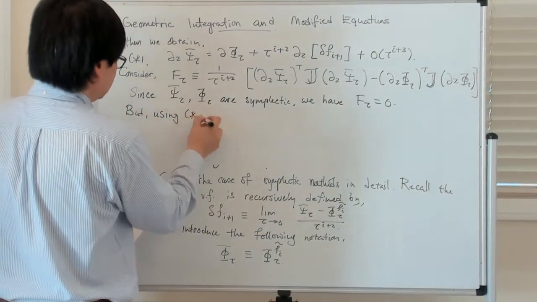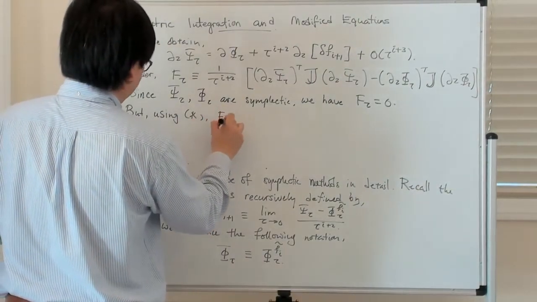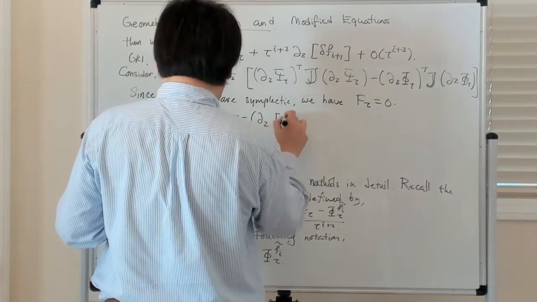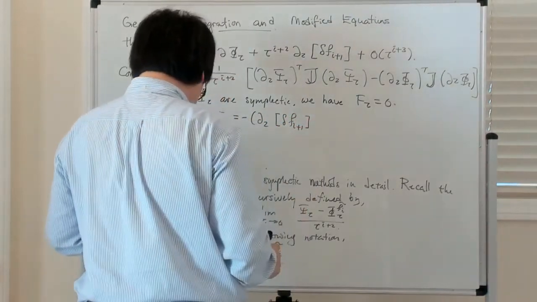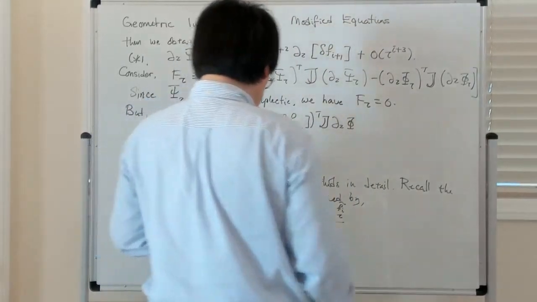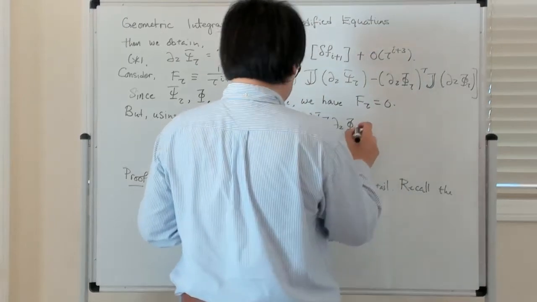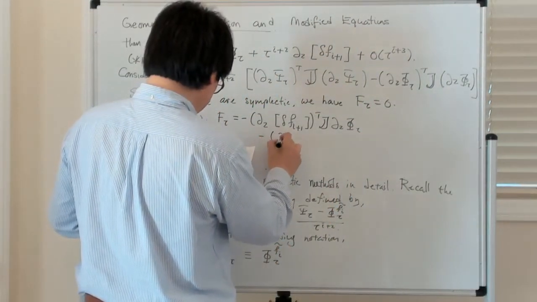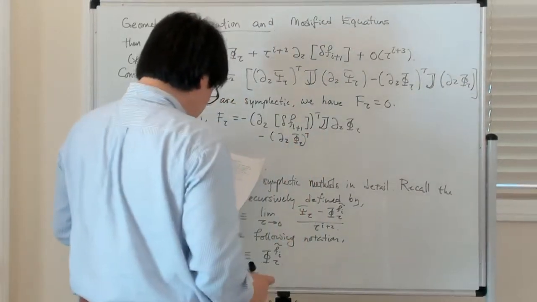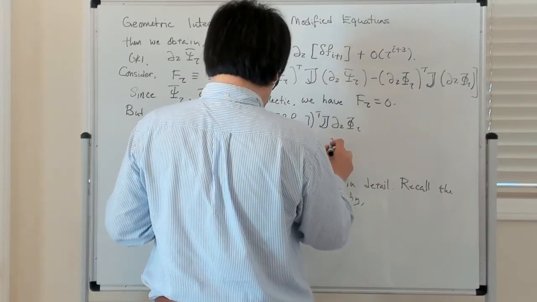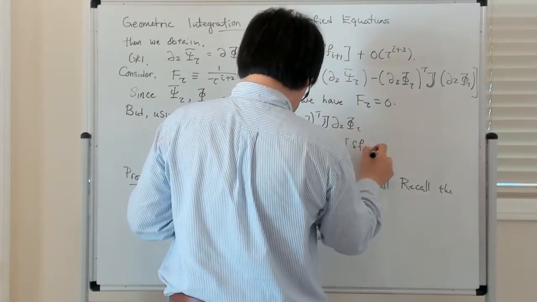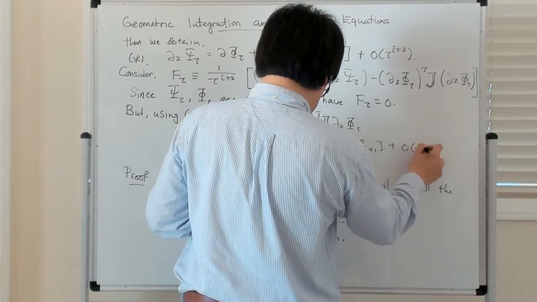We have that f tau looks like minus the partial of this correction term, then J, then the linearization of the exact flow of the modified vector field, minus the transpose of the linearization of the modified vector field, times J times the linearization of this new correction term, plus big O of tau.